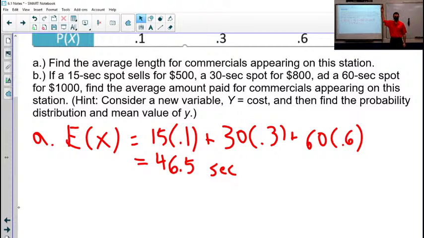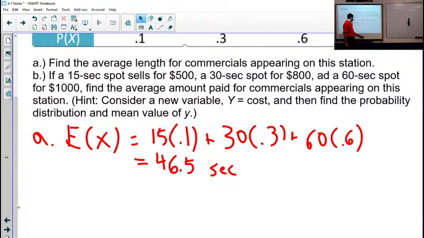That is not a choice. The choices are 15, 30, and 60. But it does say that on average, if we ran a whole bunch of these commercials, in the long run, we would expect them to last 46.5 seconds on average. A collection of them.